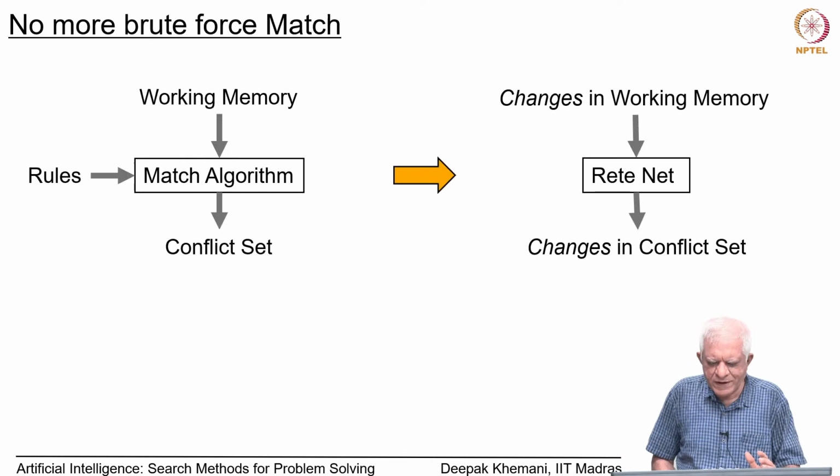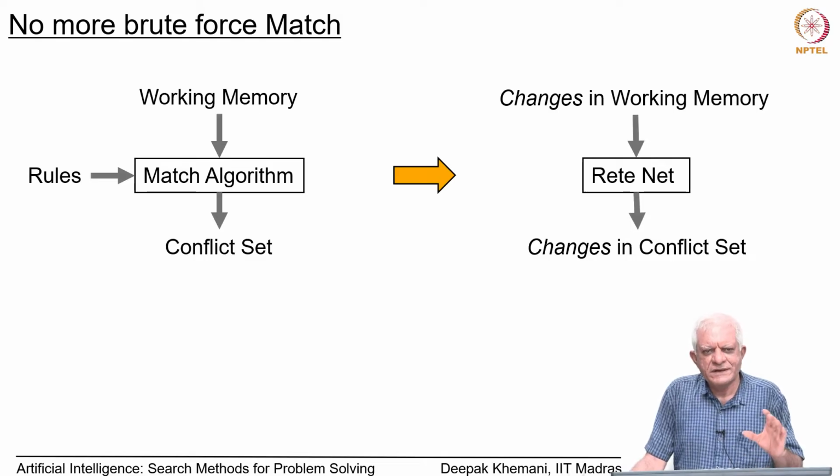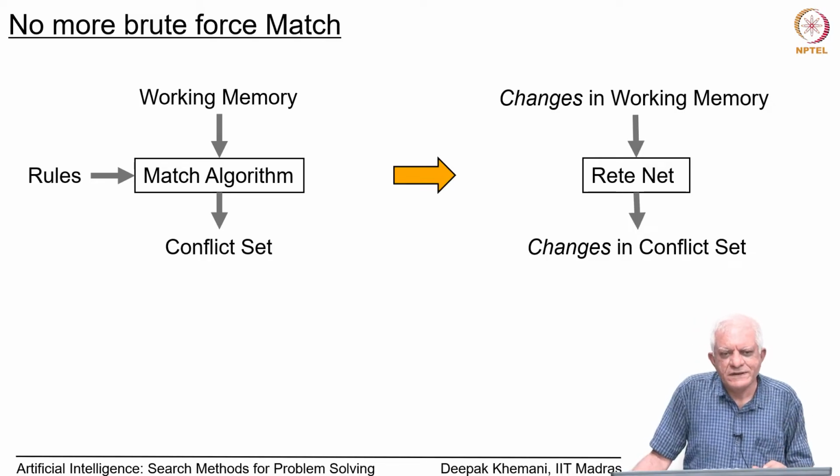So, assume that we have this process going. To be more precise, if you look at this diagram again, it says that changes in the working memory result in changes in the conflict set. How does one start? At the very beginning, the working memory is empty. You start your application, which means you load the Rete Net, and the initial working memory you put at the top, as we will see, and put it down the network.